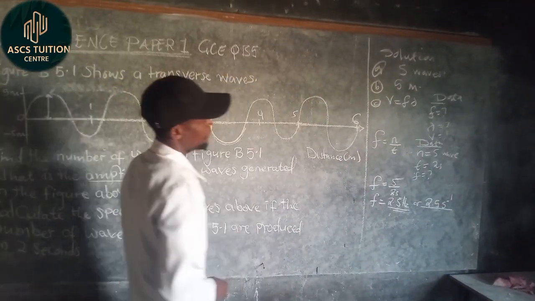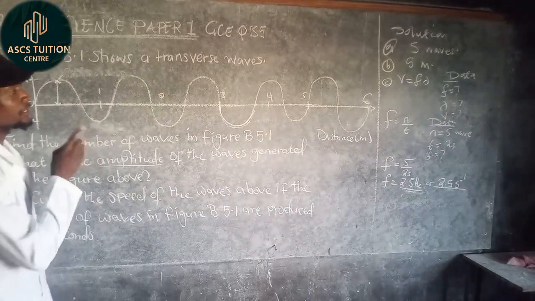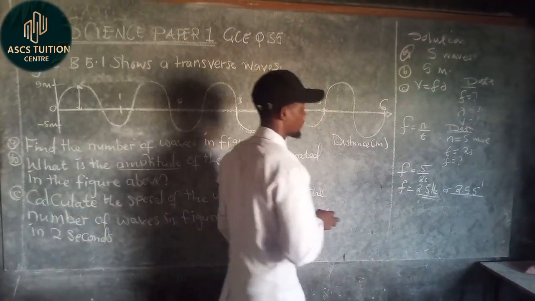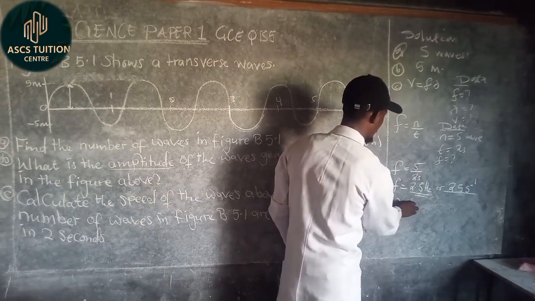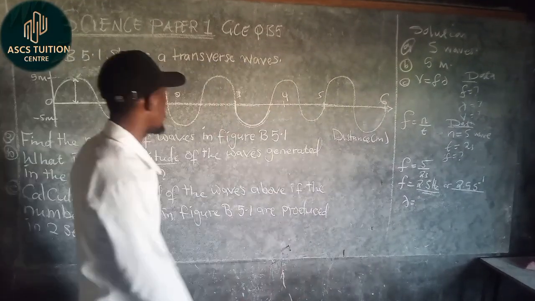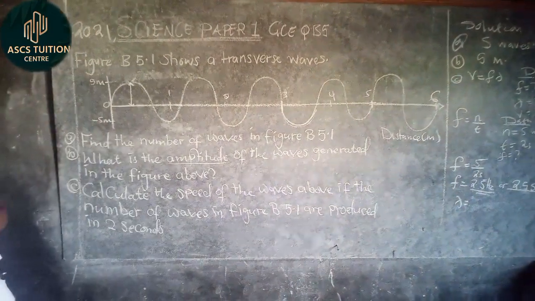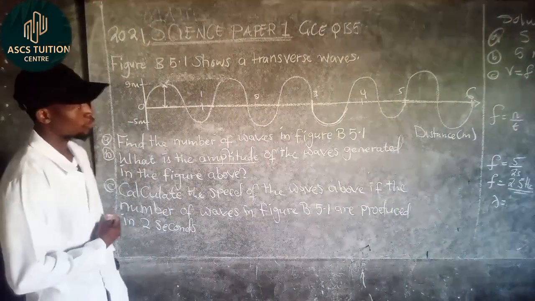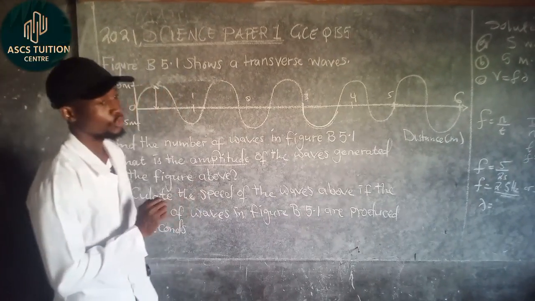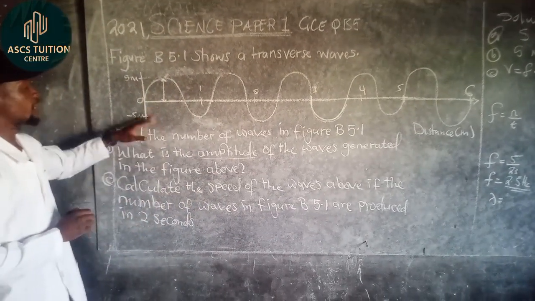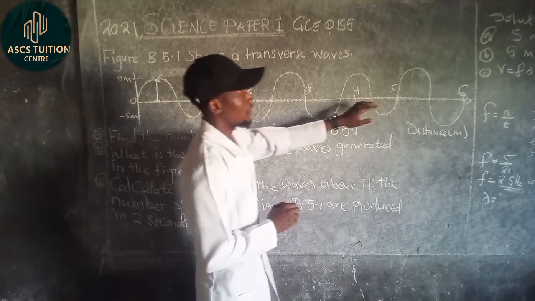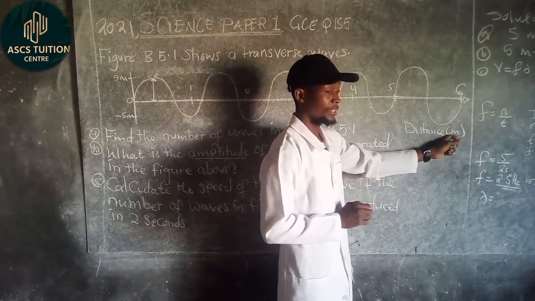And then after determining our frequency, now we can determine our wavelength. Let me just give you another formula. We are going to say wavelength is the total distance over the total number of waves. If you check, the total distance is 6, which is in meters.